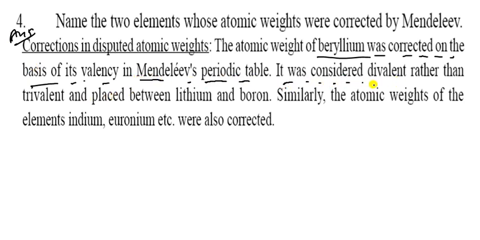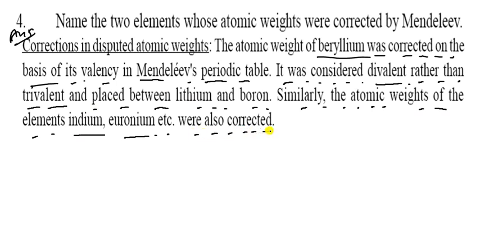It was considered divalent rather than trivalent. पहले इसको trivalent लिया गया था, बाद में इसको divalent consider किया गया. And placed between lithium and boron. Similarly, the atomic weights of the elements indium, uranium, etc. were also corrected. So this is the answer of this fourth question.